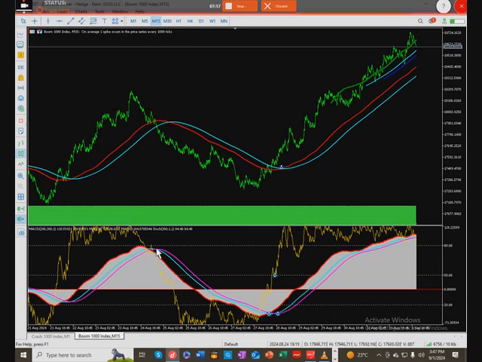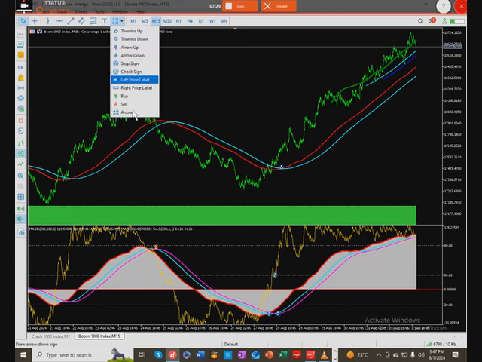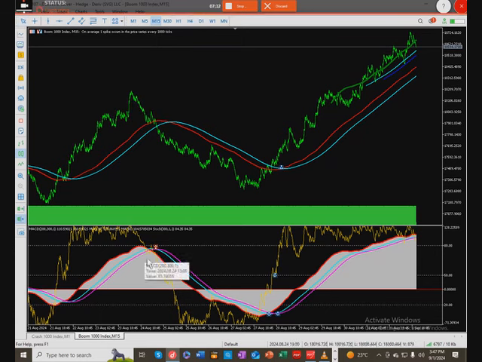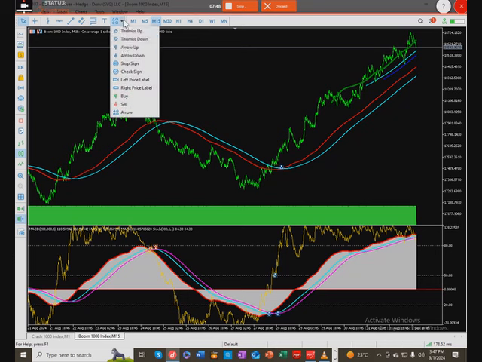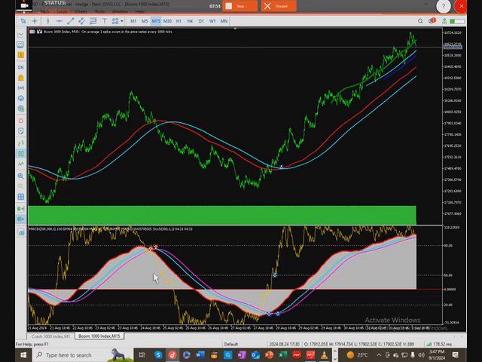Here the cross happened for the sell, and here the signal of the MACD also crossed, and here the stochastic oscillator signal also crossed the 50 level line.